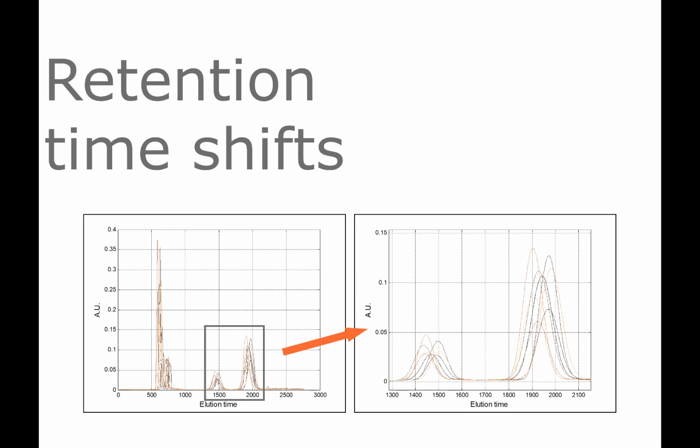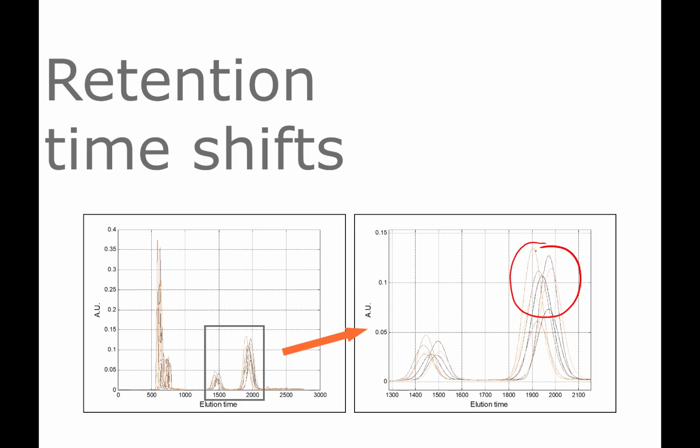The idea is that sometimes we have data where there's a lot of shift going on. So the peaks, for example, that should come out at around 1900, come out at varying positions at various time points.